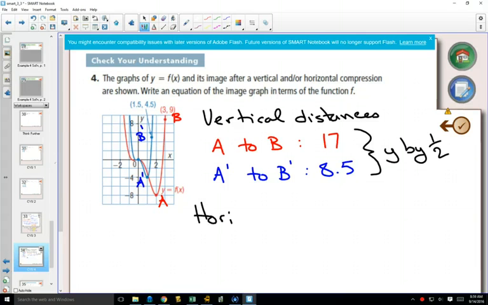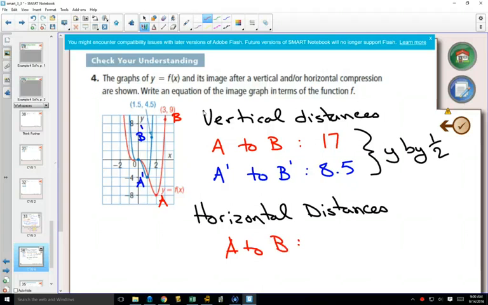We do the same thing with our horizontal distances. If we look from A to B, we go from 2 to 3. That distance is 1.